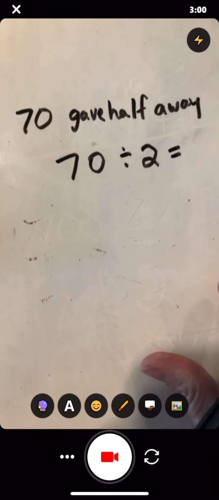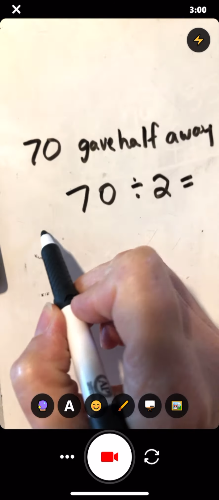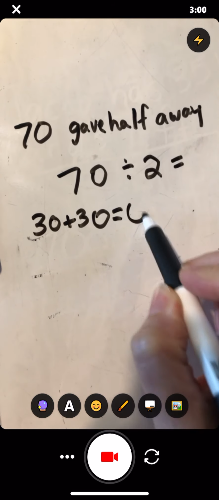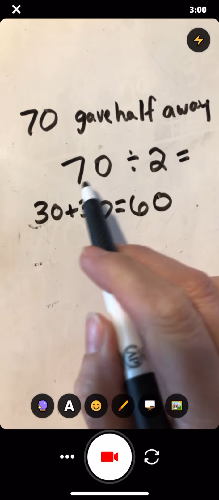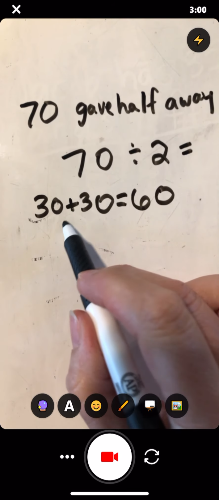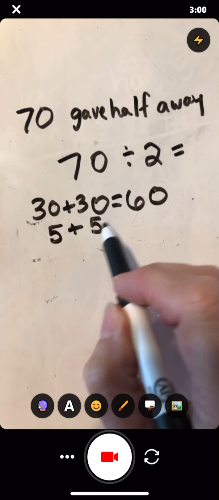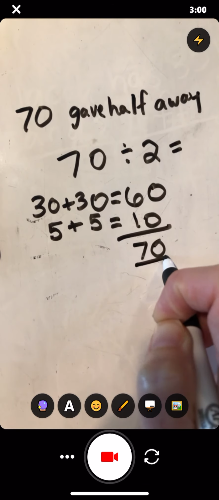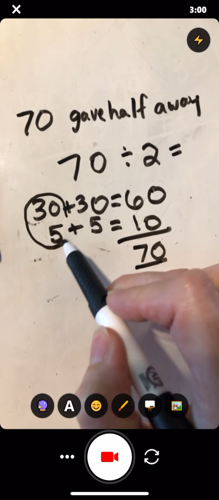So one strategy is guessing and checking. So if you know that 30 plus 30 is 60, you still have to figure out 10 more to get to half. Hopefully you know 5 plus 5 is 10 more, and so that puts you at 70. So half of 70 is going to be 35.